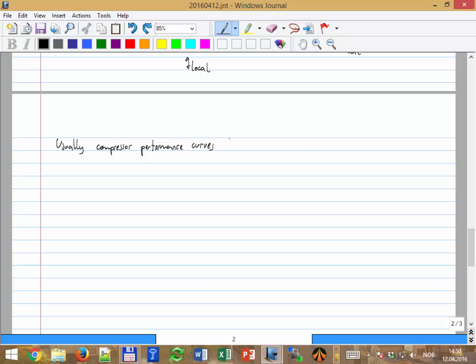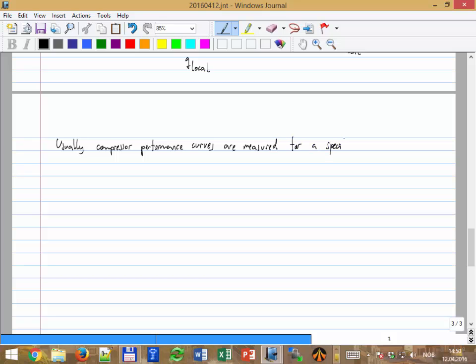Usually compressor performance curves are measured at controlled P1 and T1. The manufacturer comes and measures their compressor, how it behaves, and they have P1 and T1 that are usually standard conditions.